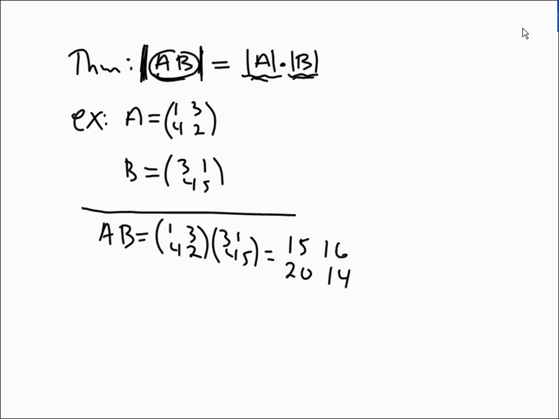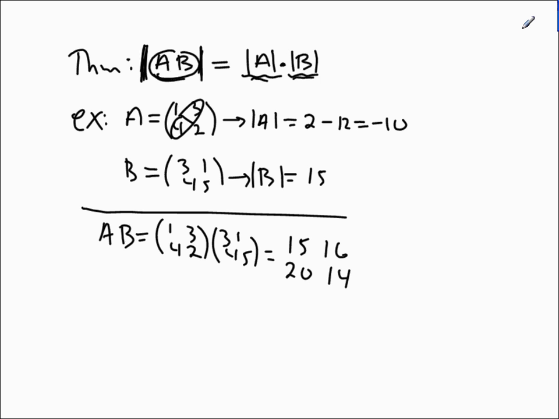Now, check this out. The determinant of A is easy. 1 times 2 is 2, minus 12, it's negative 10. 12 came from 4 times 3. The determinant of B is 3 times 5 minus 4 times 1, it's 11.